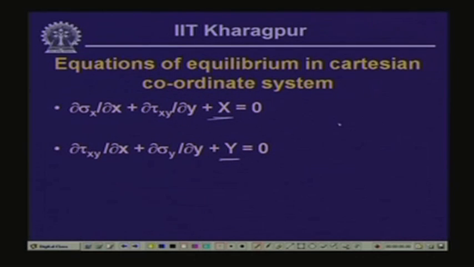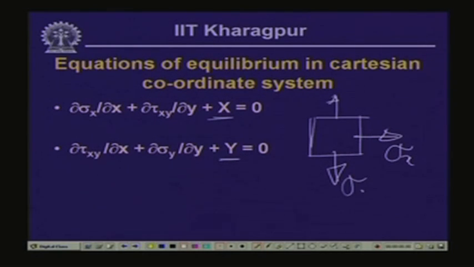Now, as you know, sigma x and sigma y are the normal stresses in the x and y direction, and tau x y is the shearing stress component. So, these two define the equations of equilibrium in a two dimensional system.